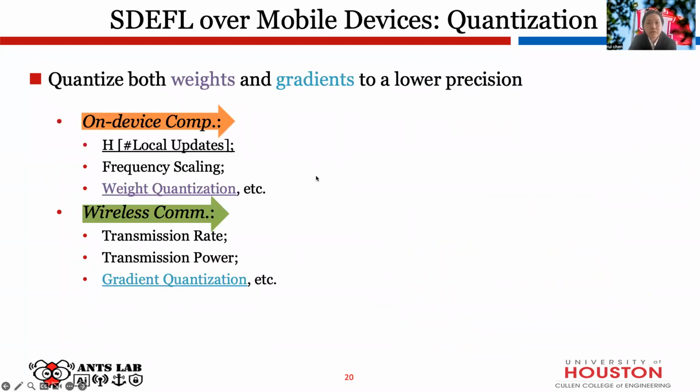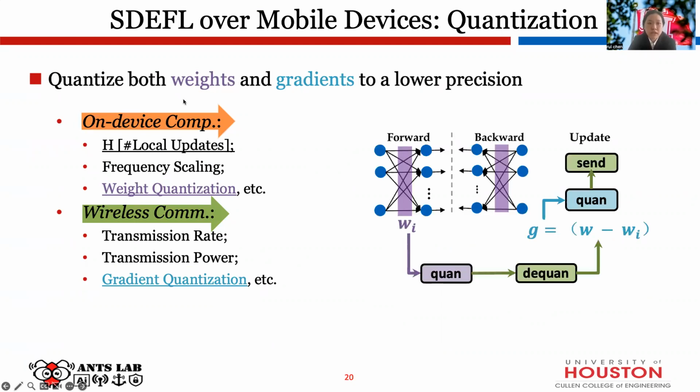Let me briefly introduce the concept of quantization. Quantization aims to represent the data in the model weights or in the gradient in low precision. So instead of full precision using 32 bits, quantization chooses a much smaller bit width, such as 8 bits or 16 bits, to represent the data.